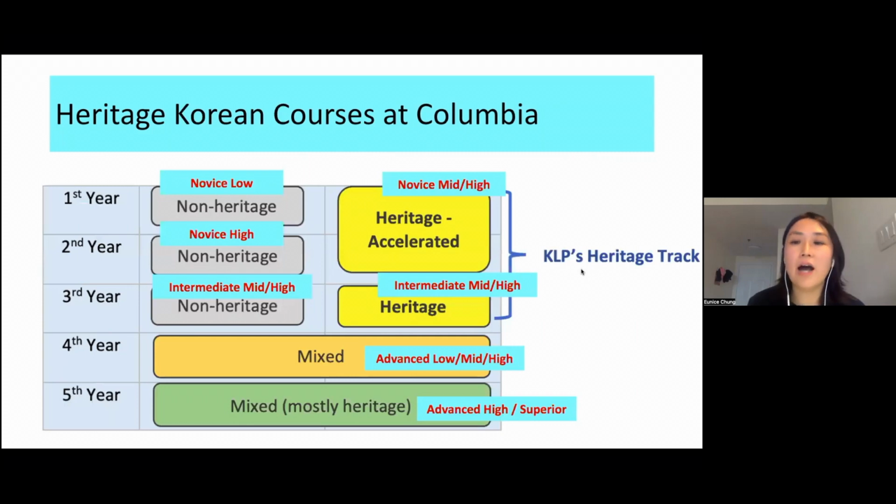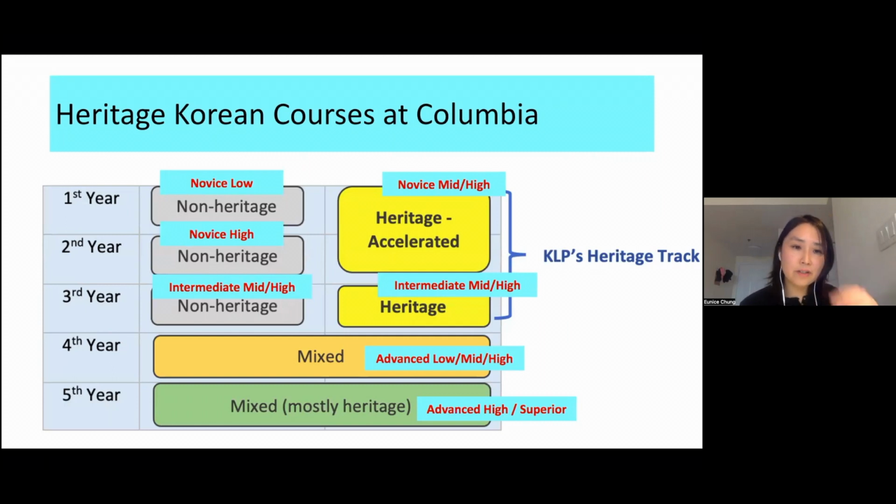So in our Korean language program, we offer first year Korean to fifth year Korean, and the accelerated Korean covers the first year Korean and second year Korean of the non-heritage track. Accelerated Korean will be completed in 1 year, whereas the first year Korean and second year Korean for the non-heritage section take 2 years to complete.